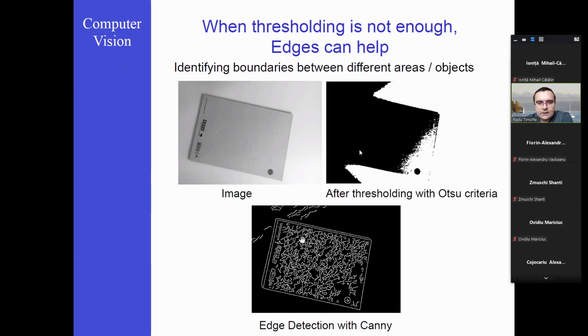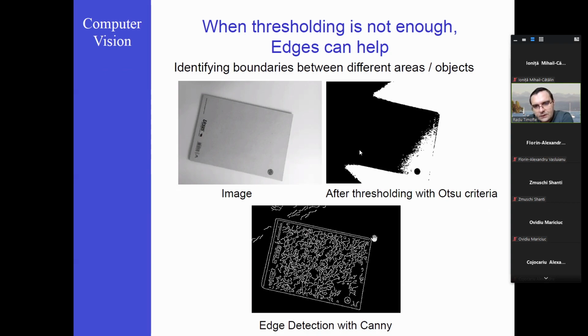However, if we apply some edge detection, we identify pixels that are on the boundary, and we can even extract some segments with Canny edge detection. This is a standard operator for edge detection. We can see that the edges are typically found on the foreground object.